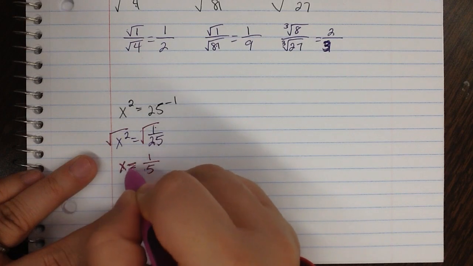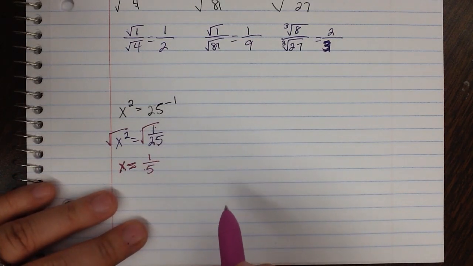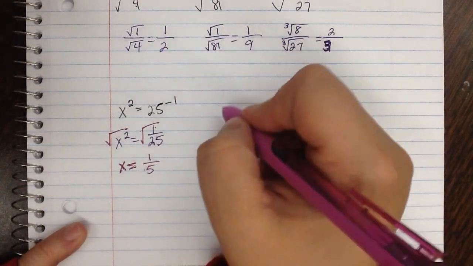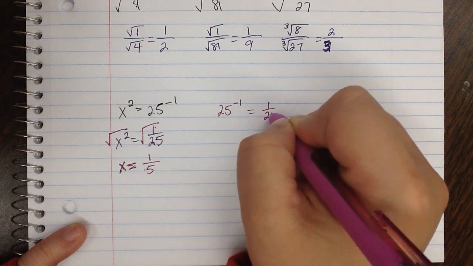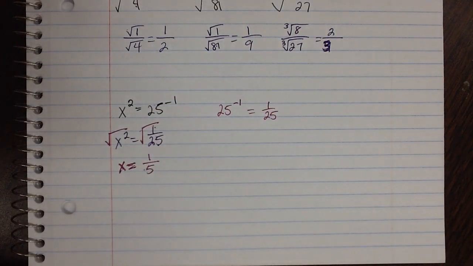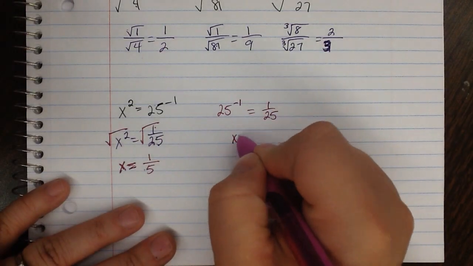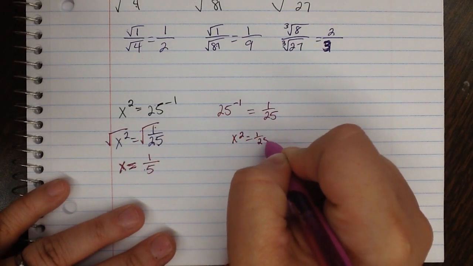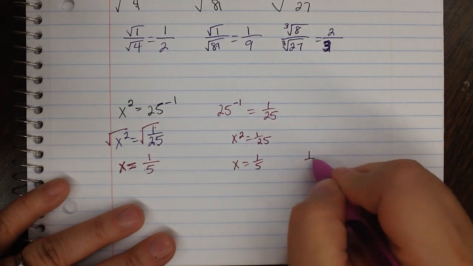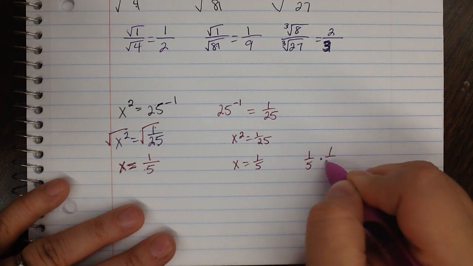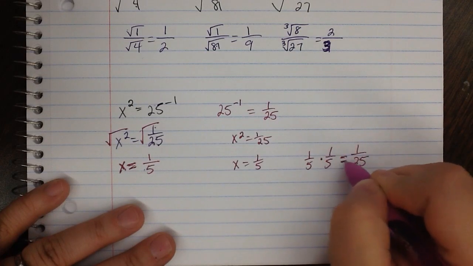So x equals 1 over 5. So another way to write 25 to the negative 1 is 1 over 25. You guys have talked about that. And then another way to write this, x squared equals 1 over 25, would be x equals 1 over 5, because 1 over 5 times 1 over 5 equals 1 over 25. Okay?